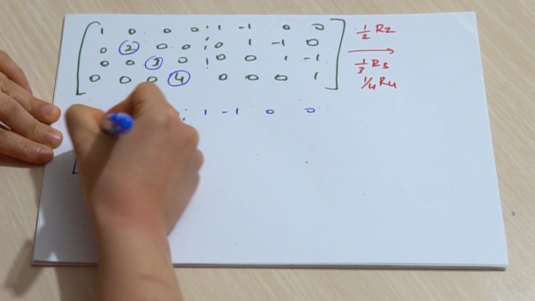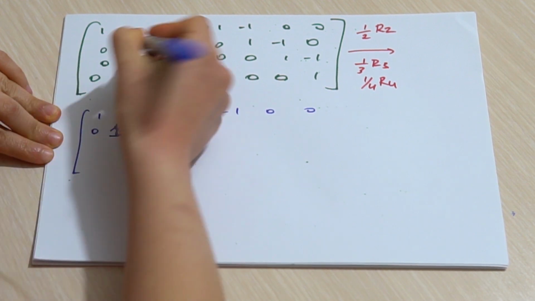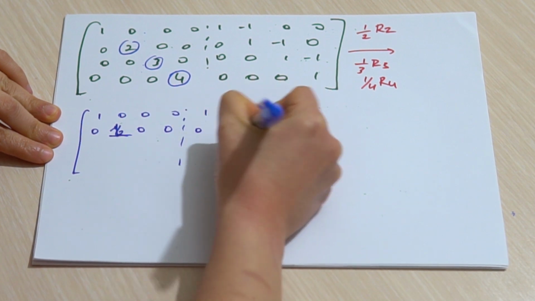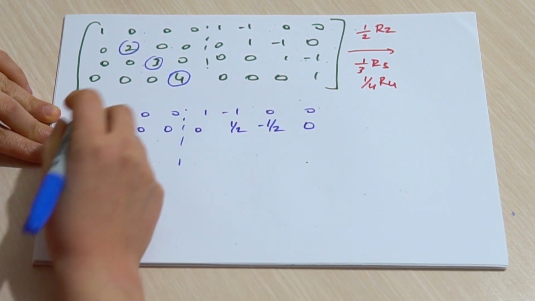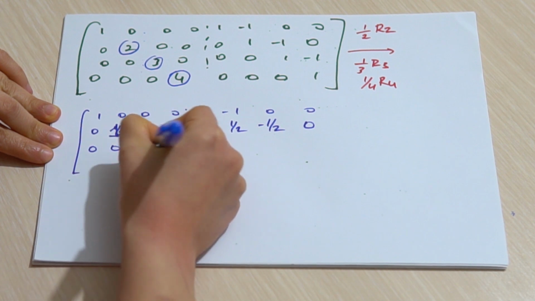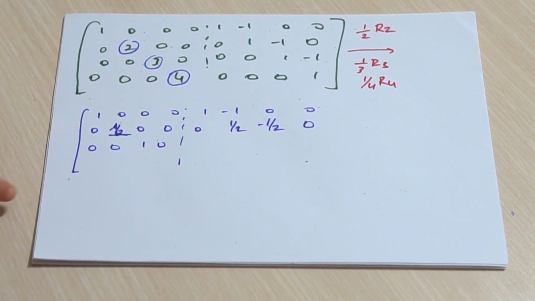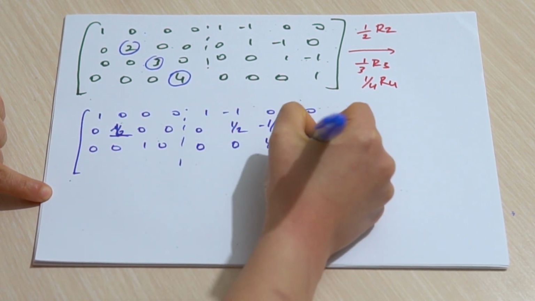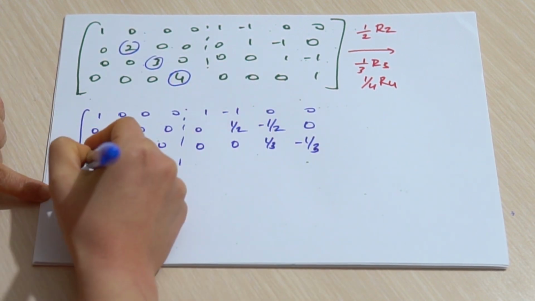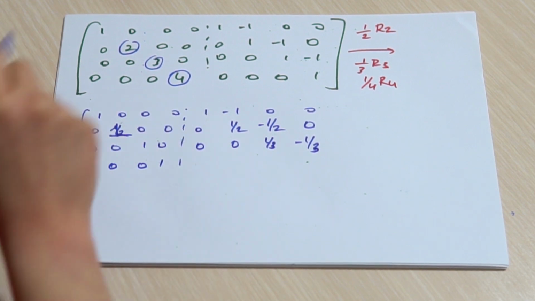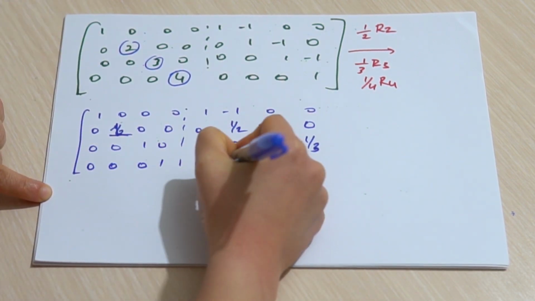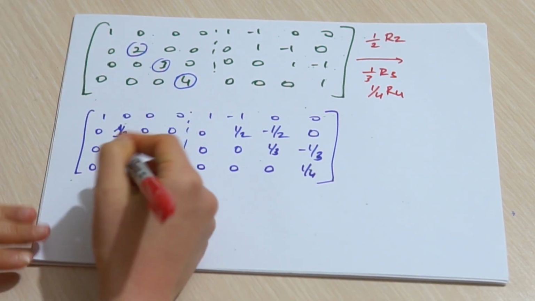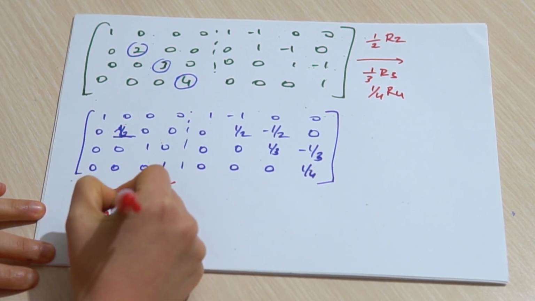Then 0, 1, 0, 0, 1 over 2, minus 1 over 2, 0, 0. Then 0, 0, 1, 0, we divide row 3 by 3, and 0, 0, 1 over 3, minus 1 over 3, and I will have 0, 0, 0, 1, we divide row 4 by 4, and 1 over 4. So this is the 4 by 4 identity.